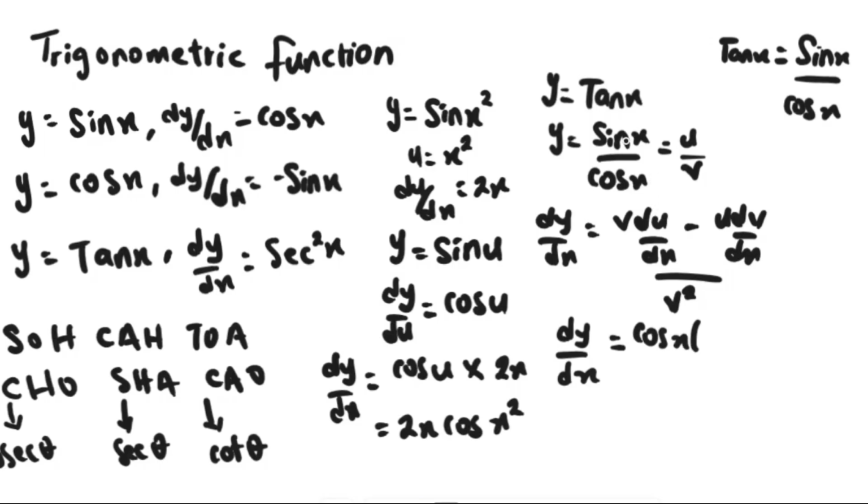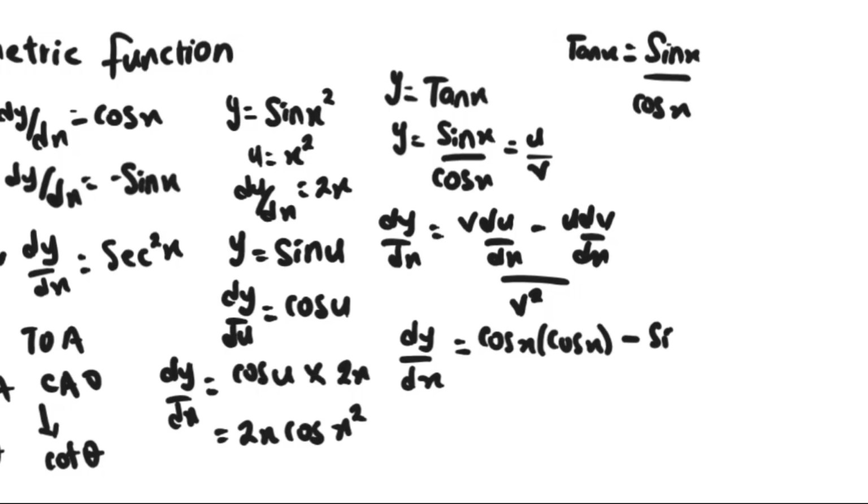If you differentiate sine x, you get cos x, minus our u. Our u here is sine x times dv dx. If you differentiate cos x, you get minus sine x. So everything here is being divided by v squared.